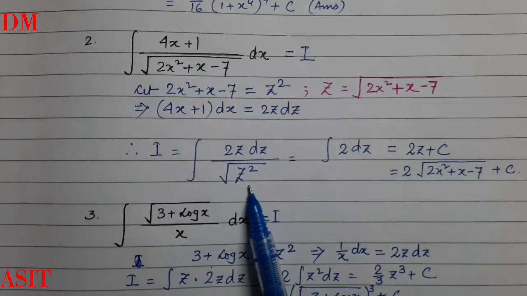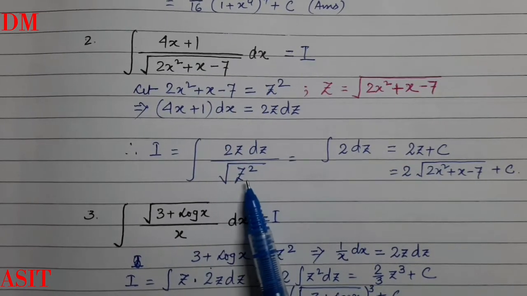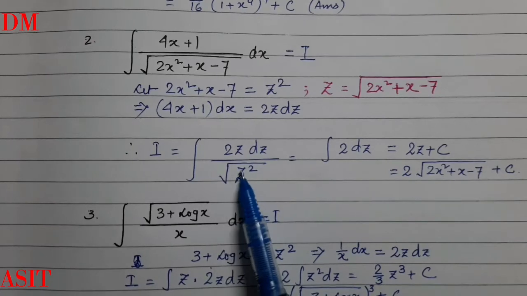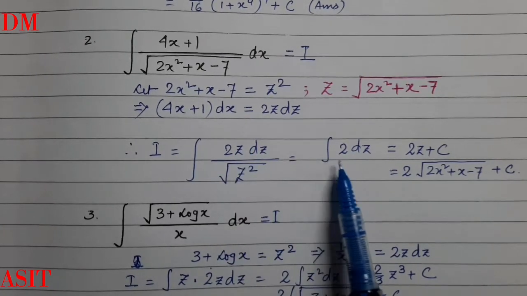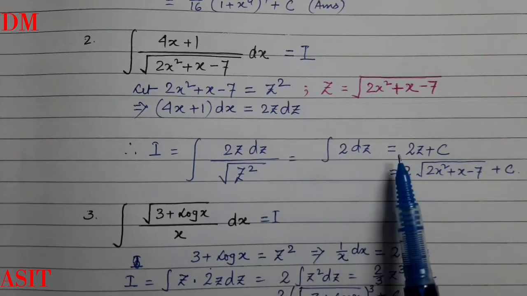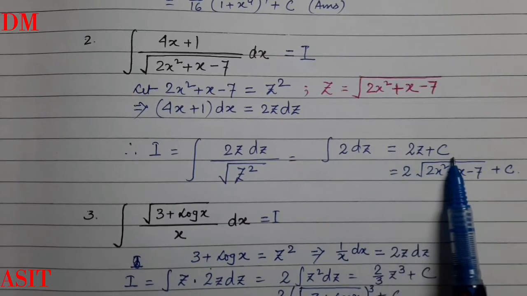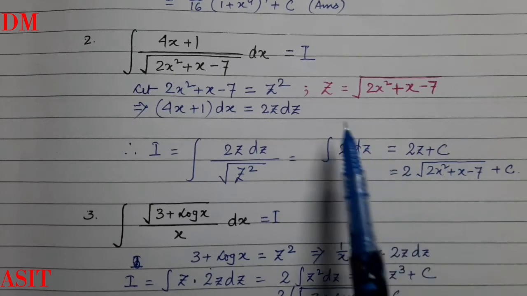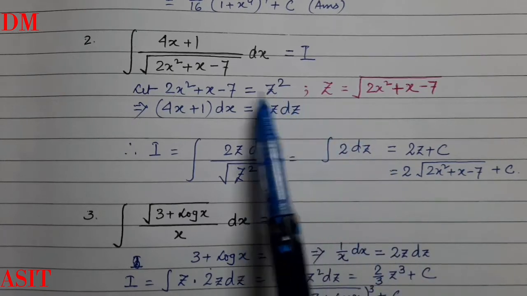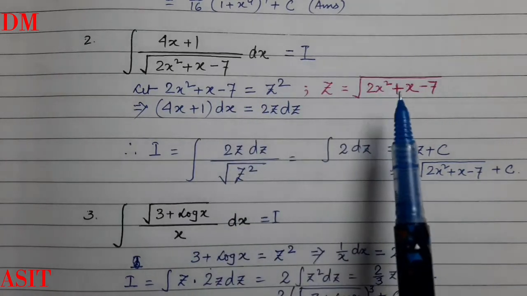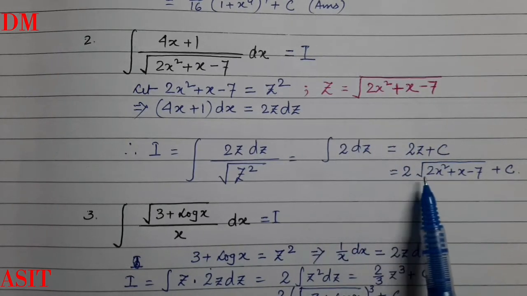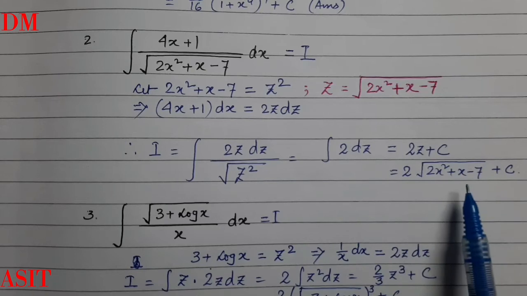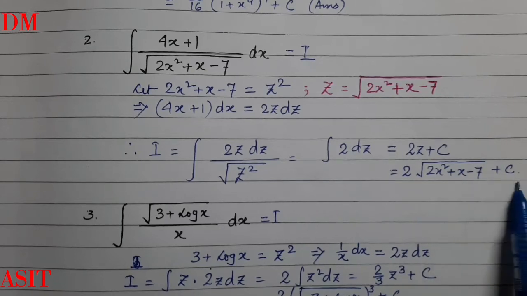Root over of z square means z, and this z cancels out. So it will be just the integration of 2 dz, which is 2z plus c. Since z square is this, z will be root over of 2x square plus x minus 7. Therefore the answer is 2 into root over of 2x square plus x minus 7 plus c.